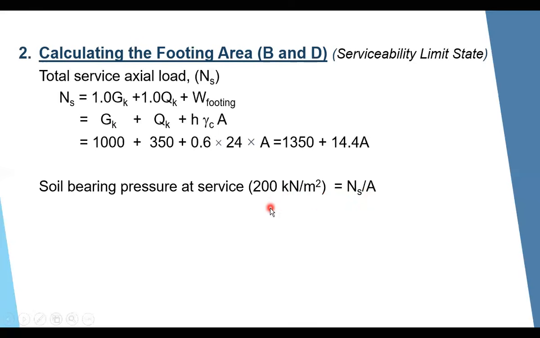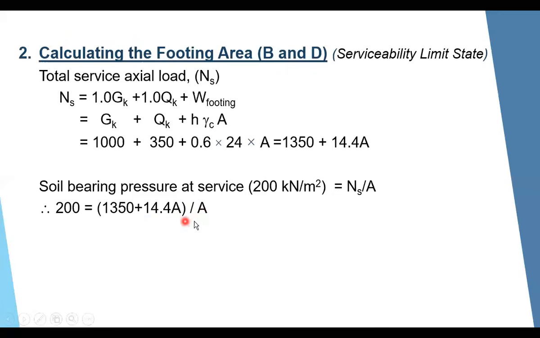So the allowable pressure 200 equals N service divided by the area of the footing. What is in the N service? We will substitute it by this term here, which is 1,350 plus 14.4A. So 200 equals 1,350 plus 14.4A, this is the N service, divided by A.